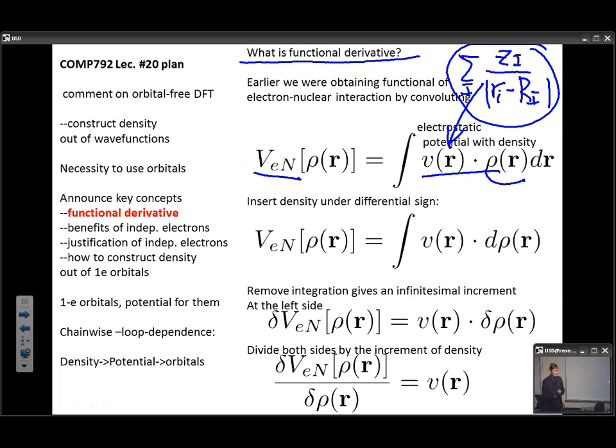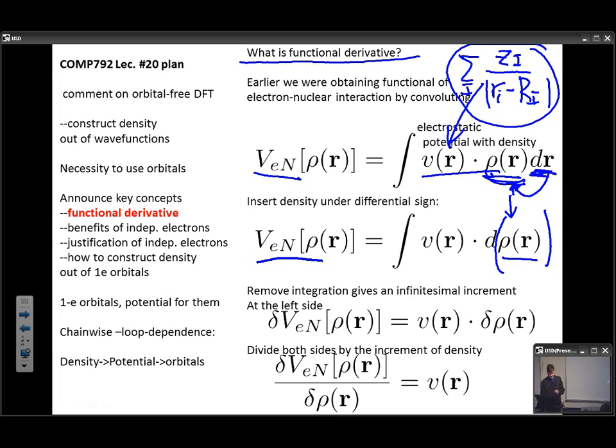Let's look at this operation in a little more mathematical way. We have the density and here an increment of volume, an increment of position. We can introduce the density under the sign of differentiation, so that we have the derivative, an increment of total density.